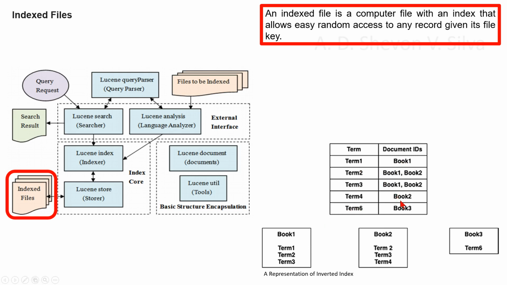While being fast for a single term query, inverted indexes can also answer an important class of questions, similarity queries. Here you can see a term and document IDs, here book 1, book 2 and book 3.